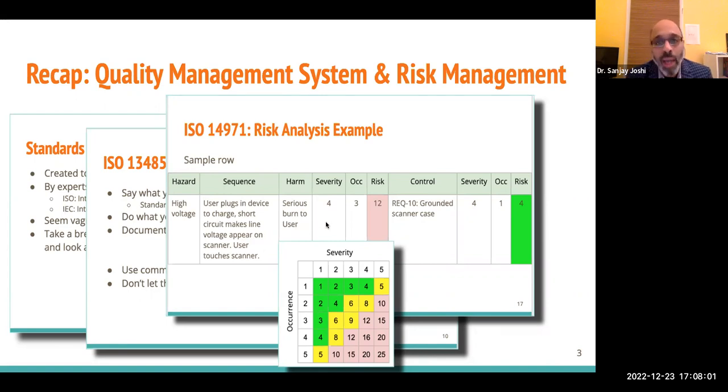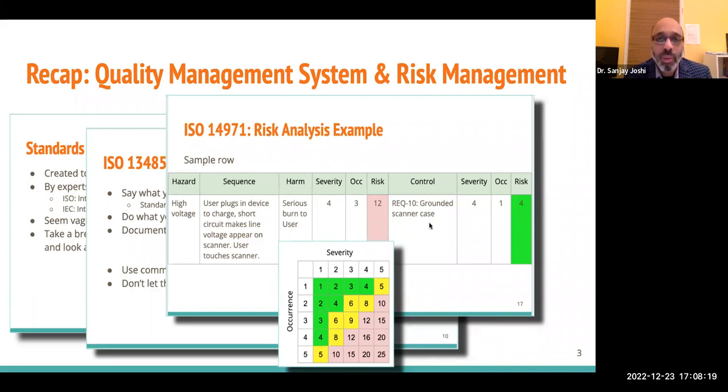We talked about rankings of severity. We used a scale of 1 through 5, which is shown here, and the probability of occurrence, another scale of 1 through 5 shown here. The multiplication of these two gives you the risk before you do anything. So this is called pre-mitigation risk or pre-control risk.